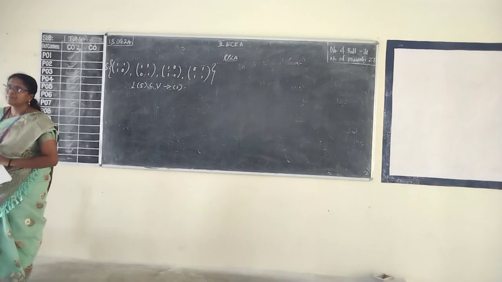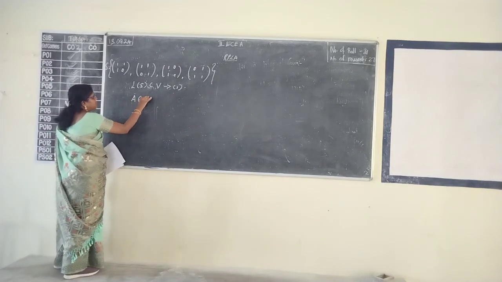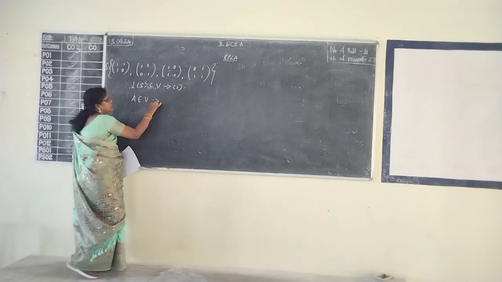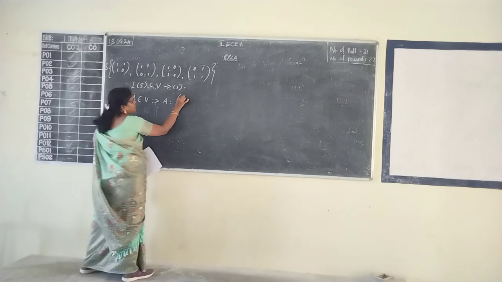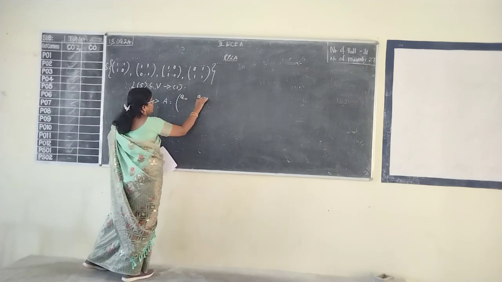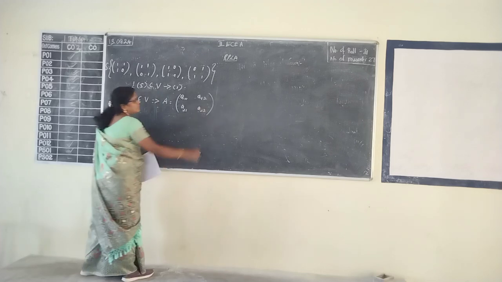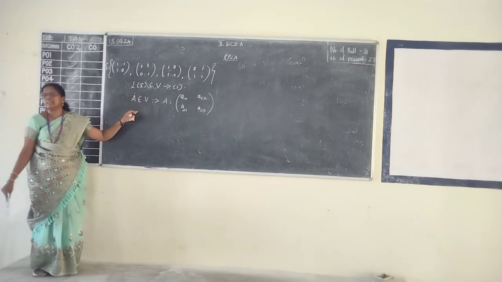Let A belong to B. That implies A equals the 2 by 2 matrix with entries A11, A12, A21, A22. So our element will be in this form.